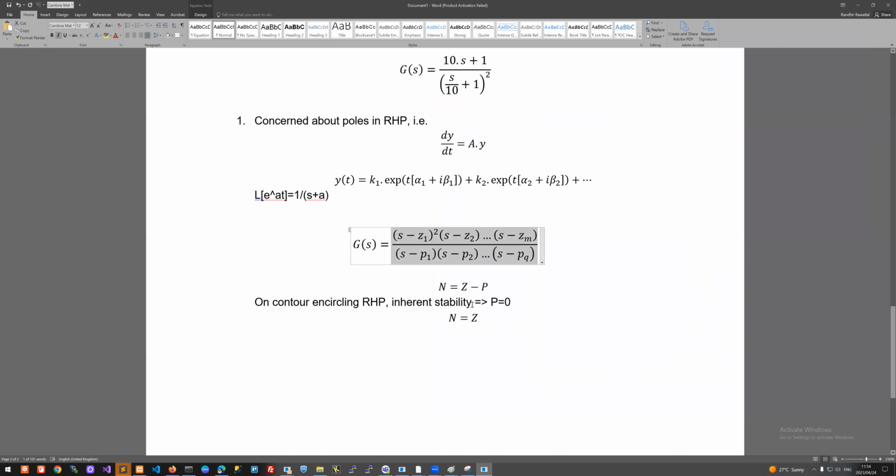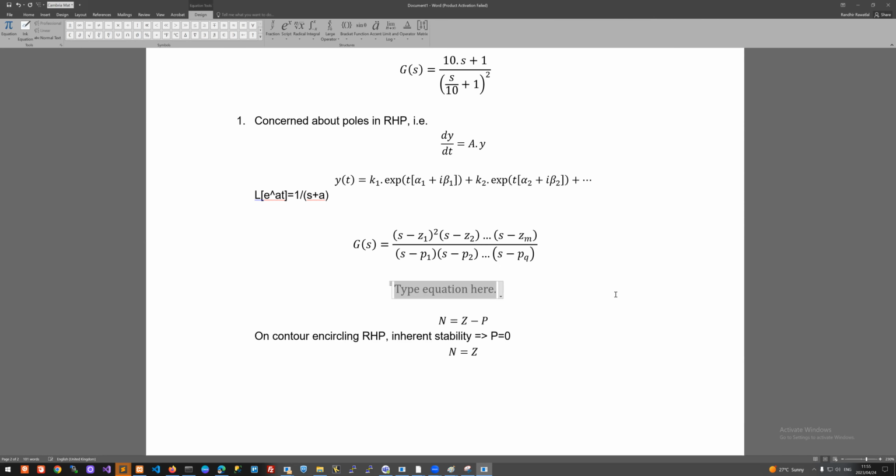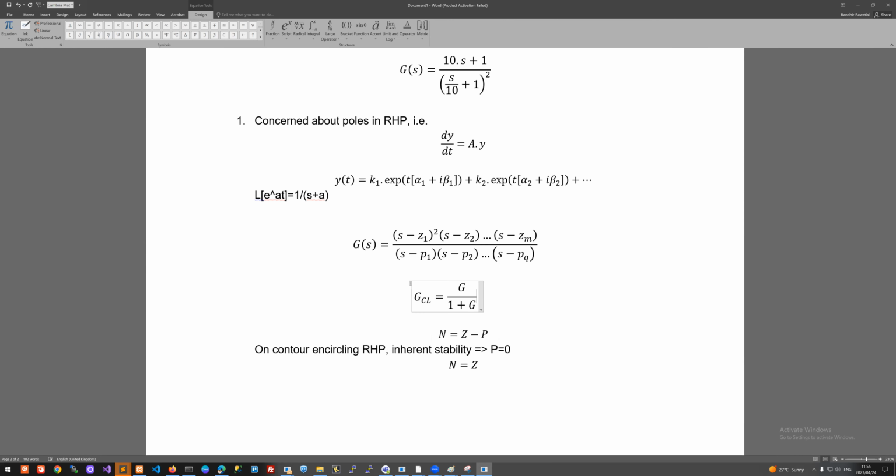So it comes from this, right? So if G ever encircles the origin, then, and sorry, there's a piece I missed here, which is G closed loop. G closed loop equals G over 1 plus G, okay?